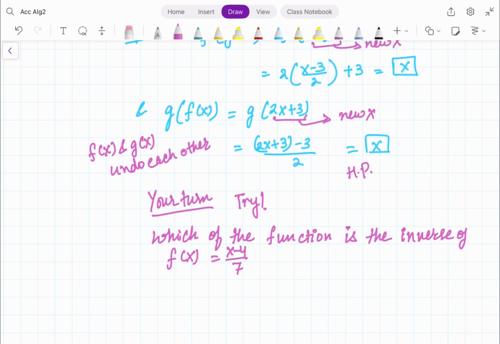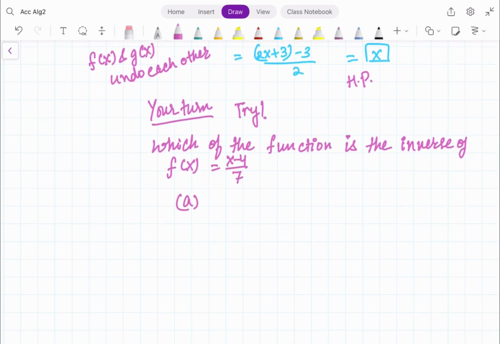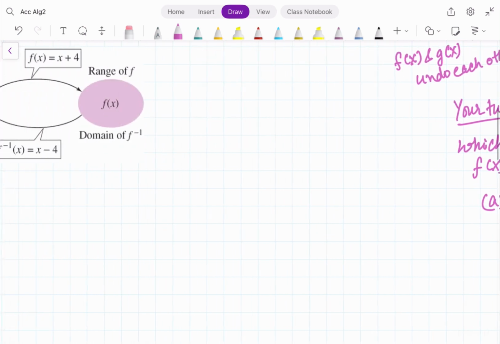Question number A is g of x is equal to the given function. So basically you are trying to prove if f of x and g of x, they are inverses, and you will also try to prove if f of x and h of x, they are inverses. So follow the same process, f composed with g and g composed with f. If it gives you x, then they are inverses.